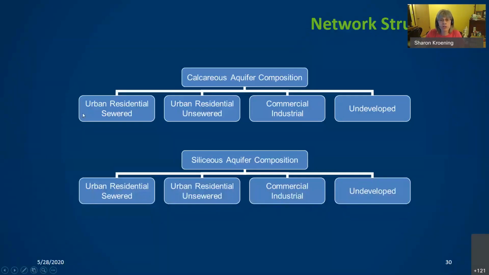And here's just a block diagram showing the network structure for our superficial sand and gravel monitoring. And as I pointed out, we've separated the network based on the composition of the aquifers, whether it's calcareous or siliceous, and then we monitor about 25 wells in each of the different land use settings.